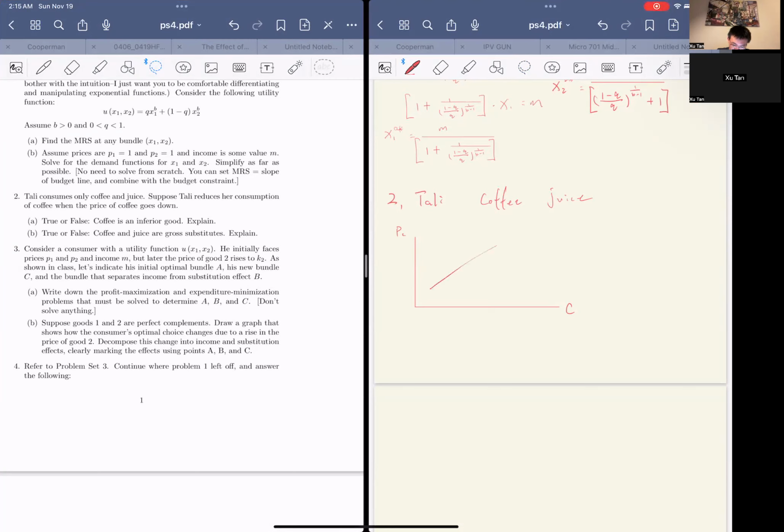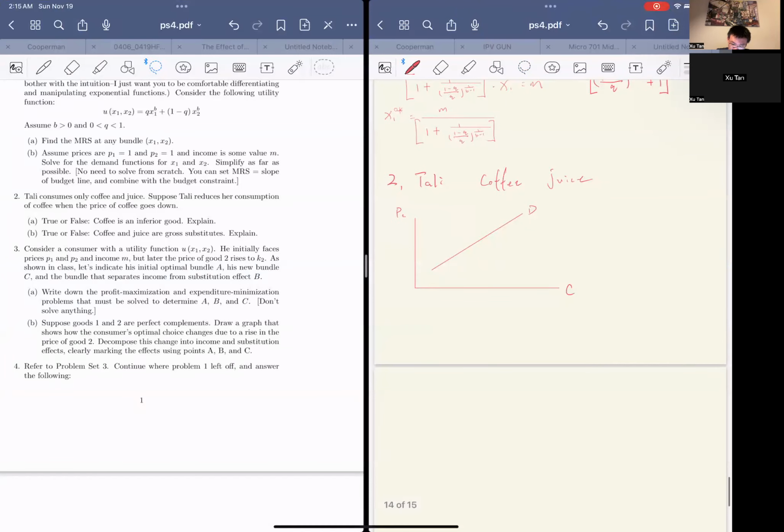Okay, so it looks like this. If the price of coffee is increasing, then Tally consumes more.